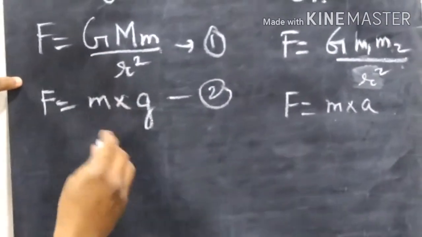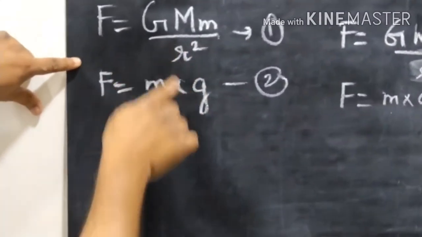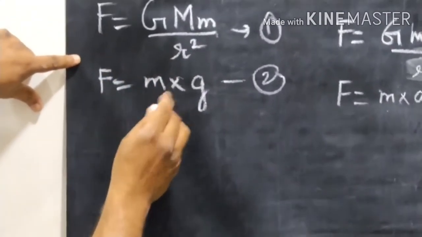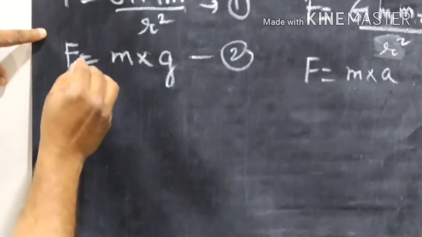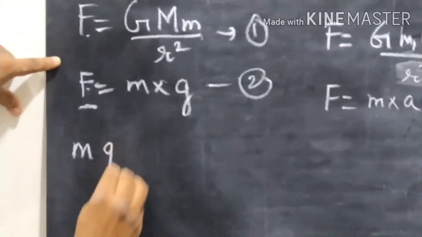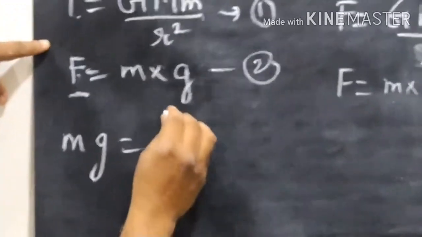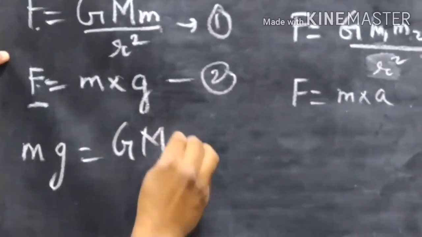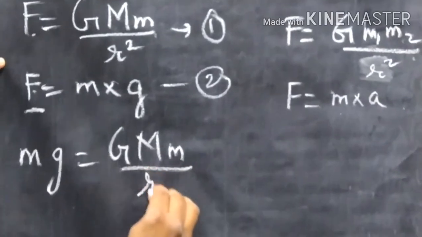Now we have these two formulas. I will put the value of F from one into the other. So that will be m g is equal to G M m upon R square.